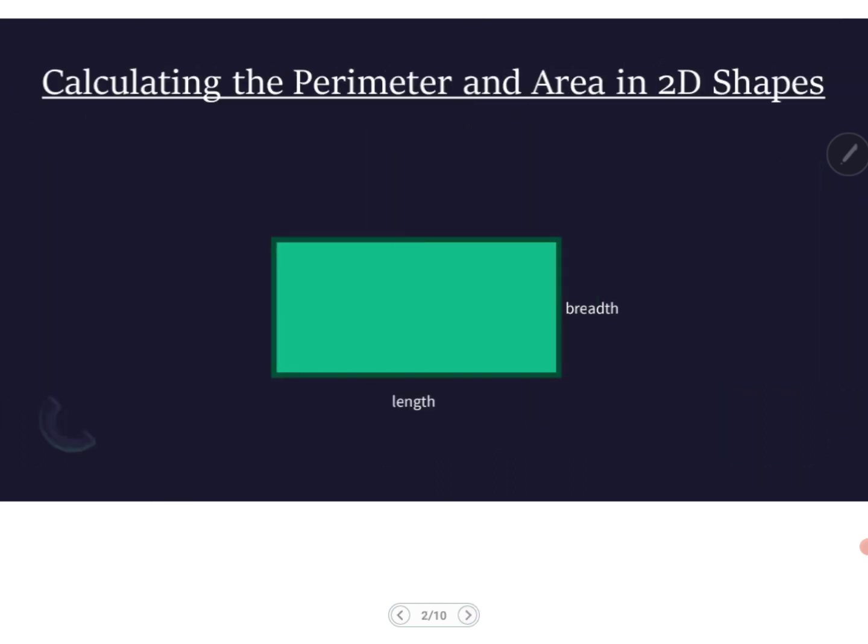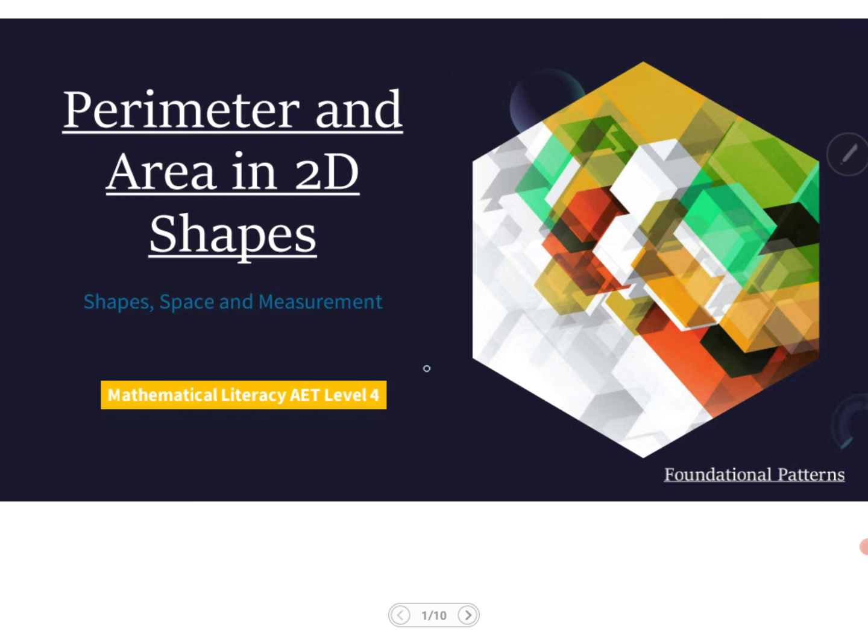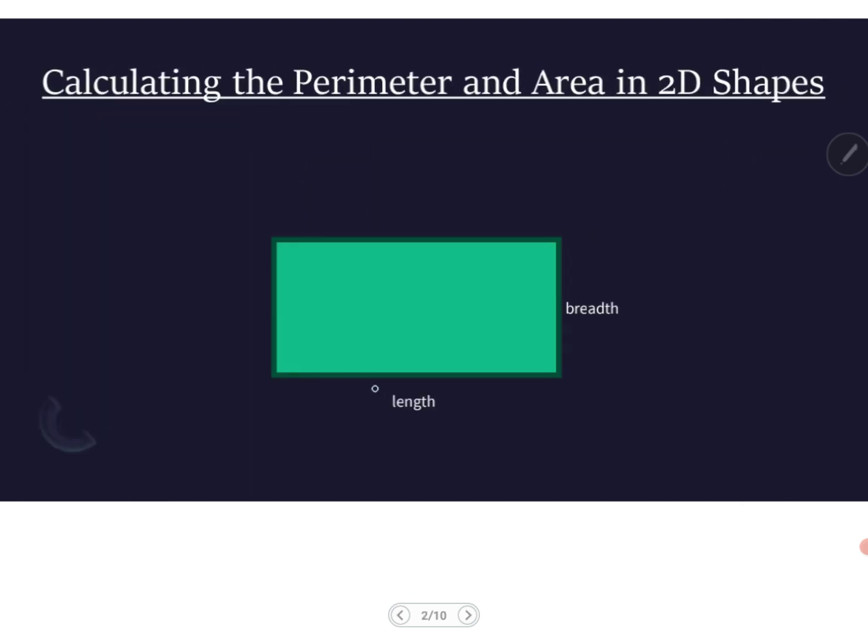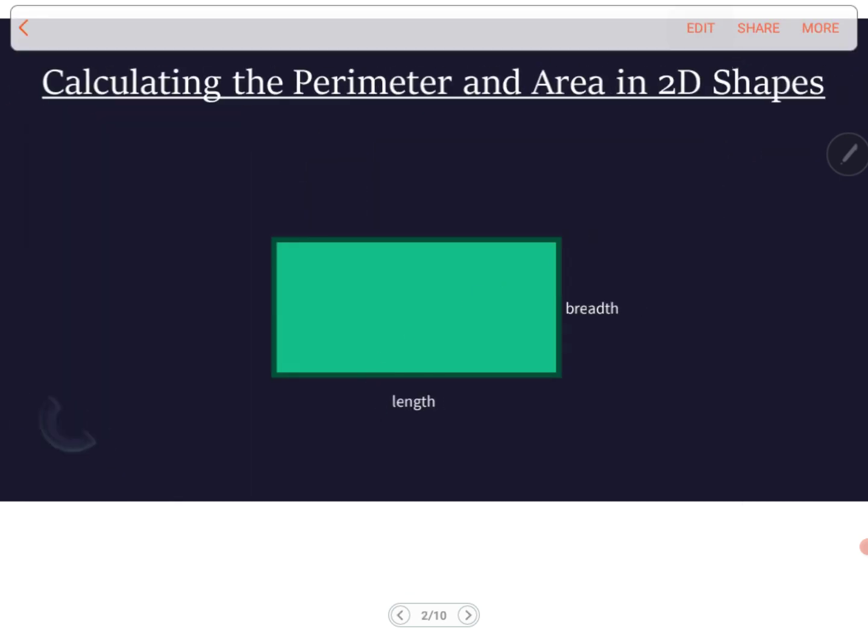One of the most common shapes in two dimensions is the rectangle. The rectangle tells us about the length and the breadth.